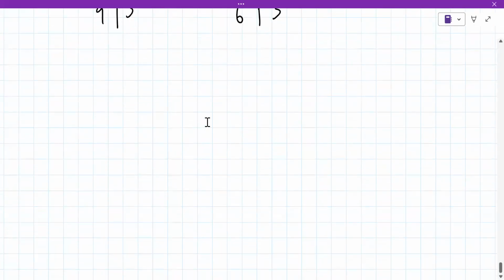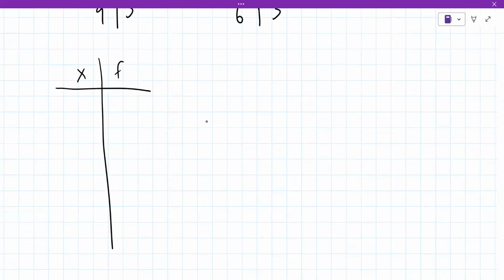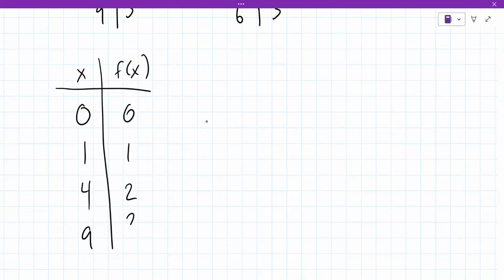Okay. So now let's look at another transformation. We'll start with 0, 1, 4, 9; 0, 1, 2, 3. And let's say your f of x is now the square root of x minus 5.